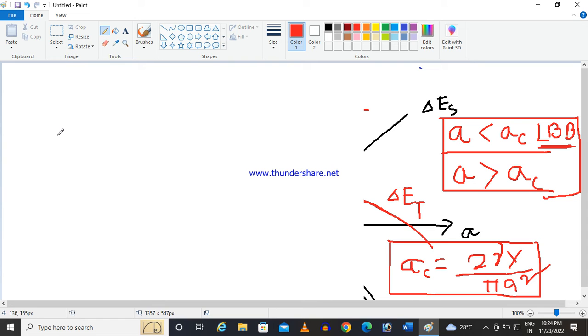So I will plot another curve here. The x-axis is my applied stress and my y-axis is the critical crack size.